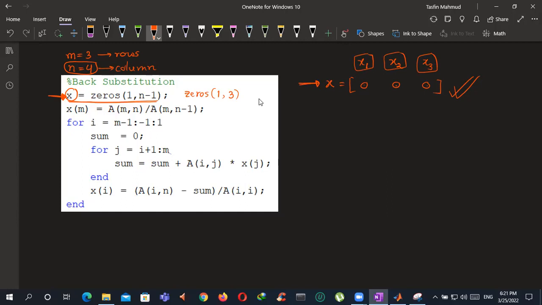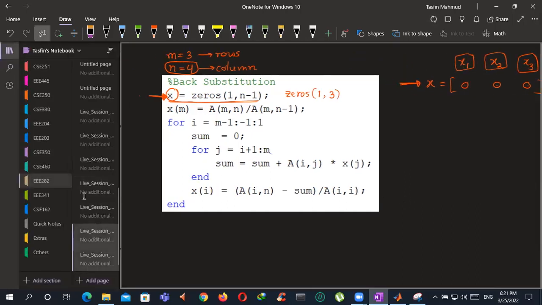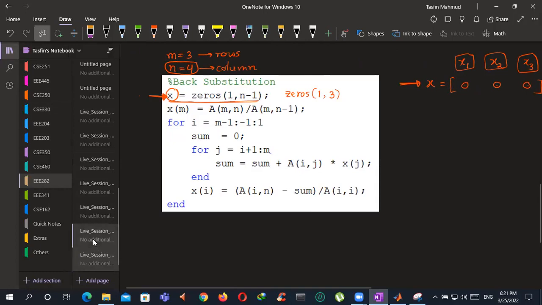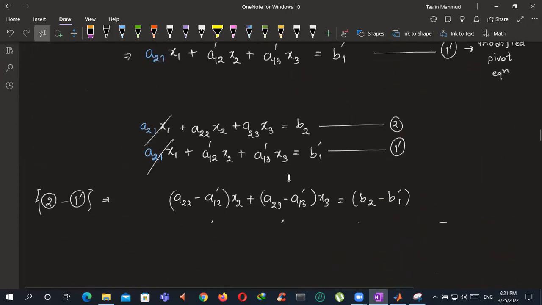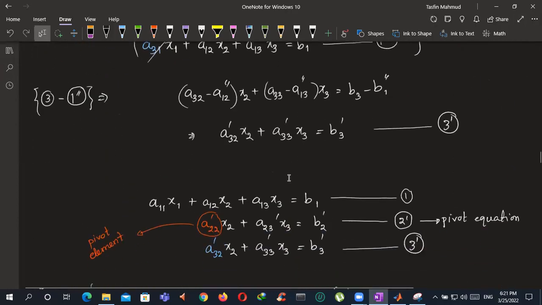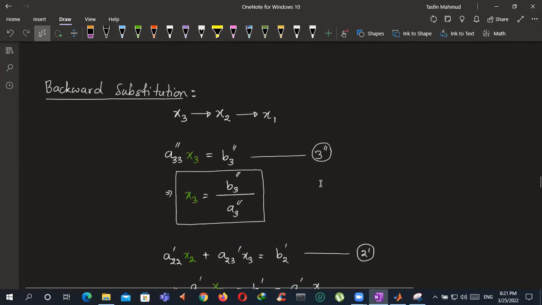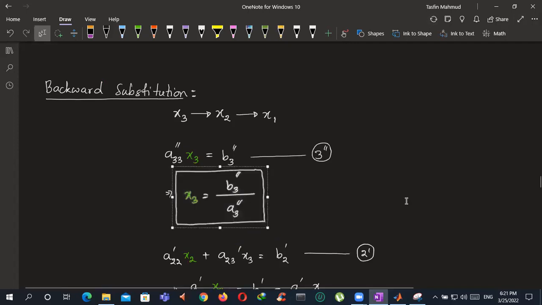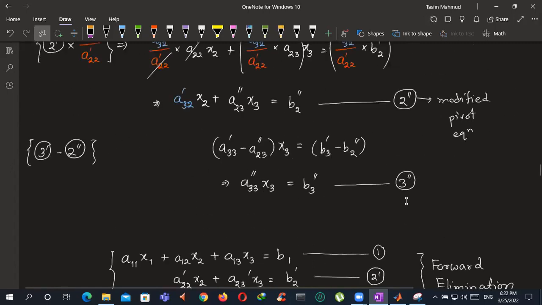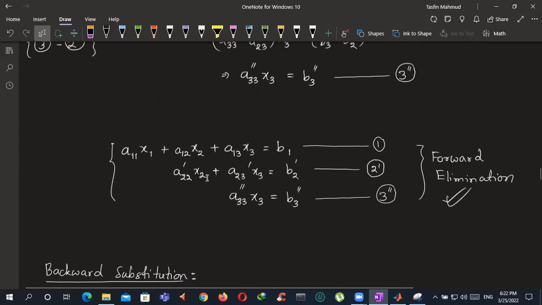Now if you can recall, in the backward substitution step, the first step was to calculate the last unknown, x3. We were able to calculate x3 first. Let me copy this as well.